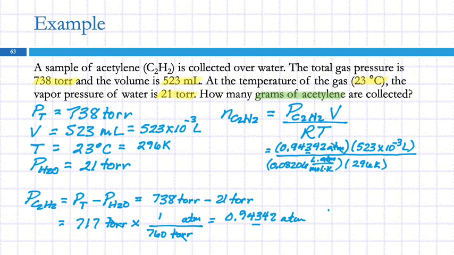Atmospheres cancel, liters cancel, Kelvins cancel. So what we end up with for units there, we have 1 over 1 over moles, which is equal to moles. Because when you divide by a fraction, that's the same as multiplying by the reciprocal of the fraction. You can just say, I believe you. It's fine.